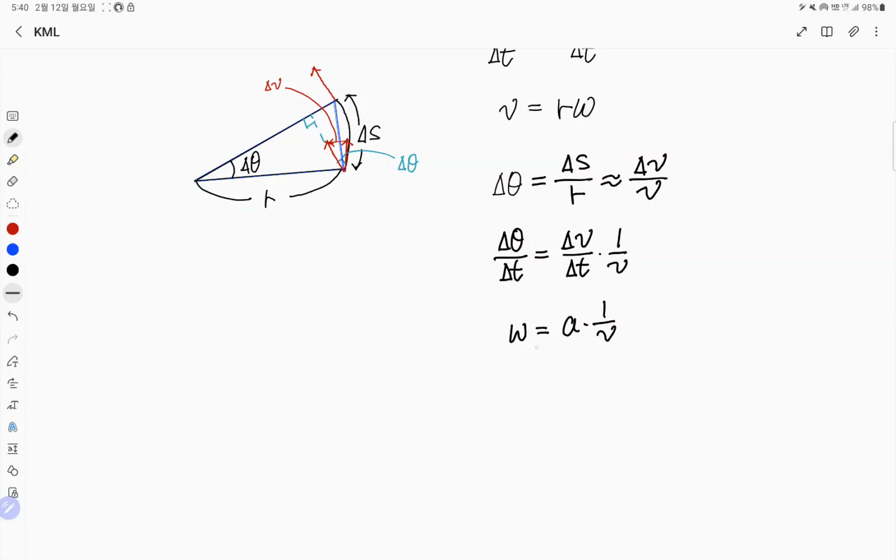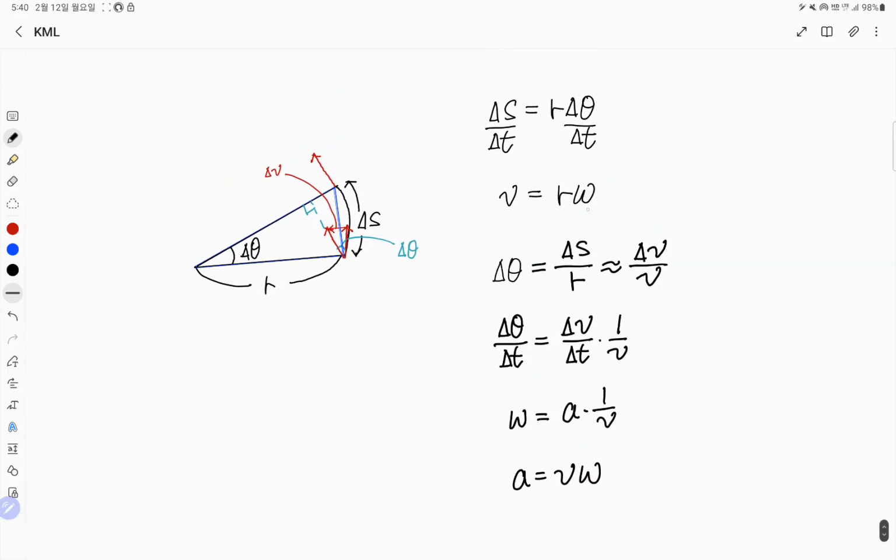If we multiply v to both sides, acceleration is the product of v and omega.